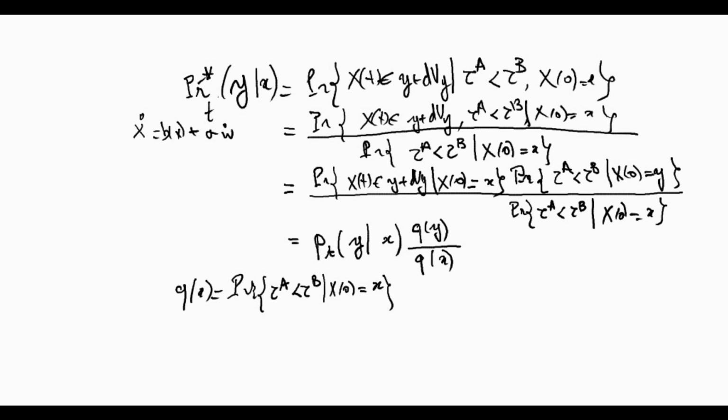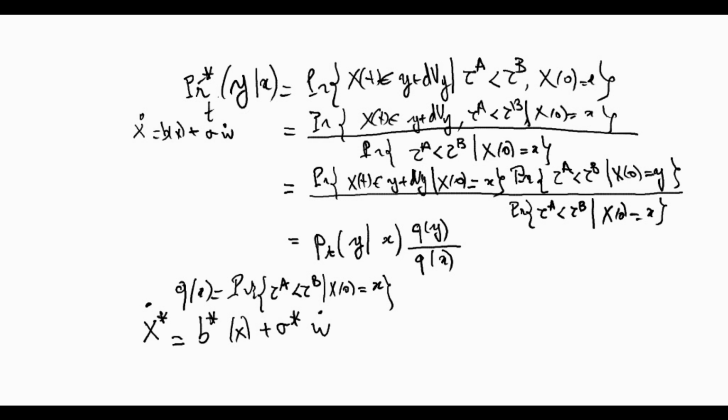So this formula is important because it will allow us to have a better characterization of the conditional process. So let's call the conditional process x star. So x star is a solution of a stochastic equation, b star of x plus sigma star w dot.